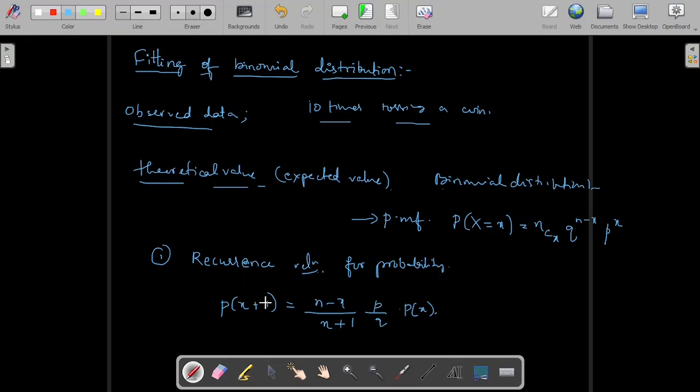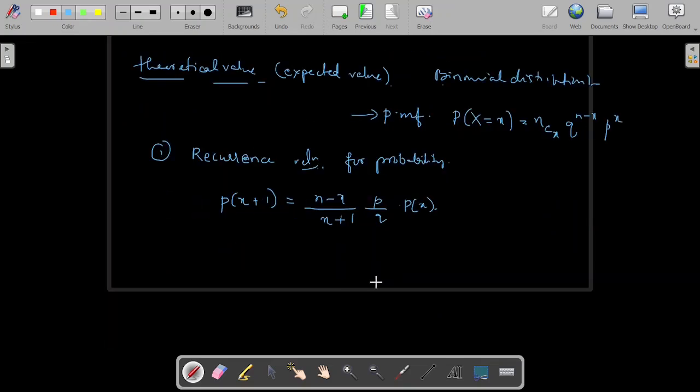So the probability of x plus 1 is calculated using the probability of x. This is the first step: we have to get the recurrence relation for probability. This relation helps you to find the probabilities of the binomial distribution. You need the initial probability, at x equal to 0.